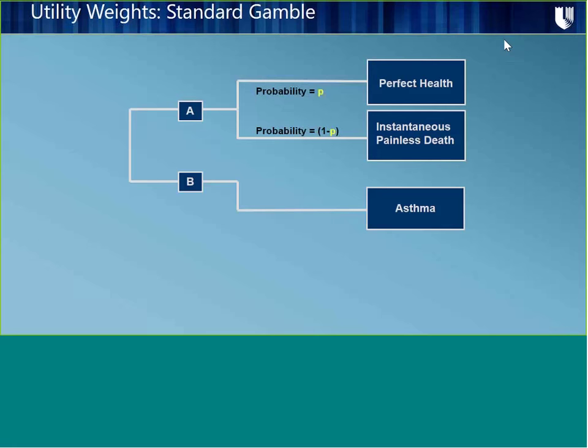Oh, sorry, we have to replace the fruit with a lottery between perfect health and instantaneous painless death. Now, the other problem is that there's no such thing as perfect health, and there's no such thing as instantaneous painless death. So not only are we asking patients to answer a difficult, it's called a matching task, but we're also asking them to evaluate a lottery over implausible and clinically irrelevant outcomes.